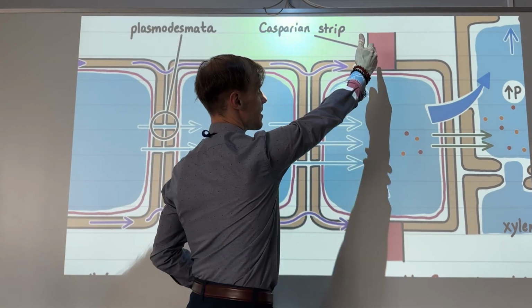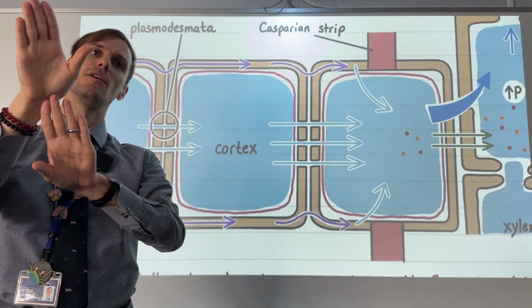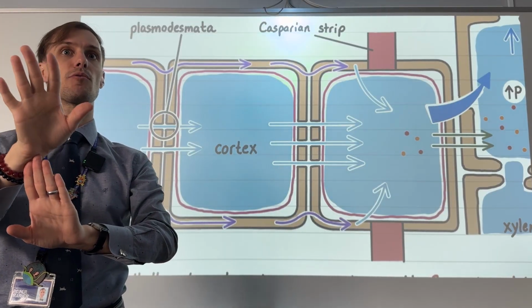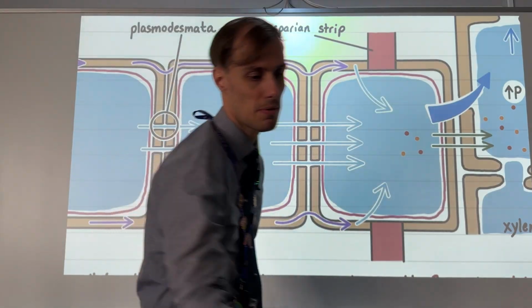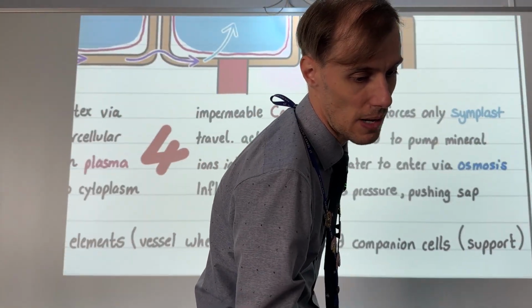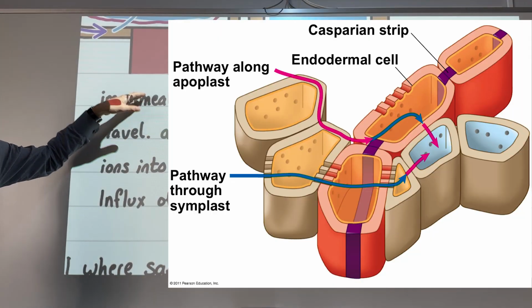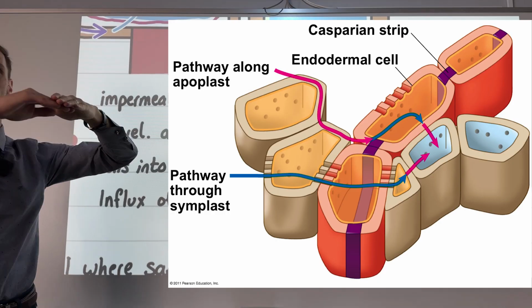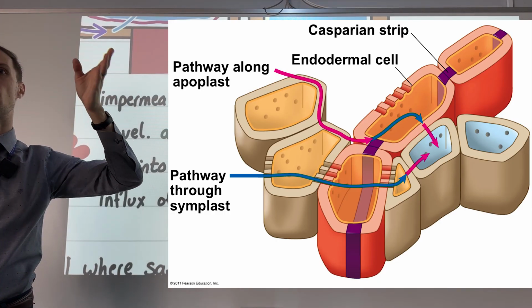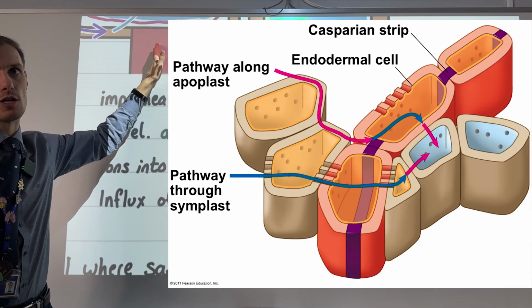So at certain points, when we get to the cortex cells that are very near the vascular bundle in the center of the root, we have this layer called the Casparian strip. The Casparian strip is highly, highly impermeable. So where we were getting all of these pathways that could actually move from cell wall to cell wall and maybe from plasmodesmata to the next, this is basically like, no, you can't do that anymore.